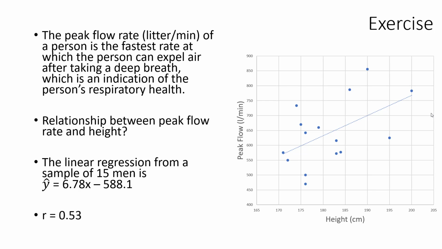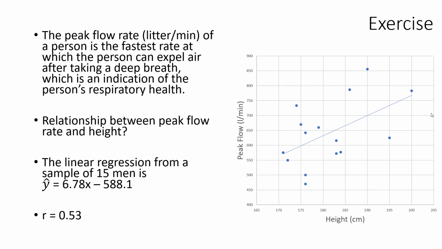Here is another example. The scatter plot shows the height and the peak flow rate of 15 men. The peak flow rate is an indicator of respiratory health, which is the fastest rate at which a person can expel air after taking a deep breath. Researchers wanted to know if there is a relationship between the height and the peak flow rate.